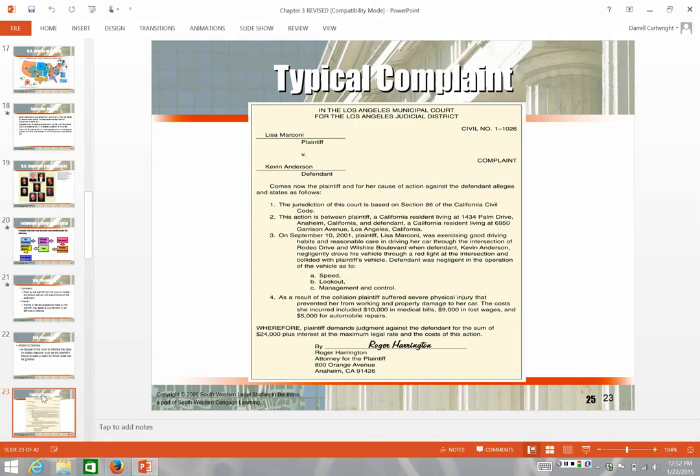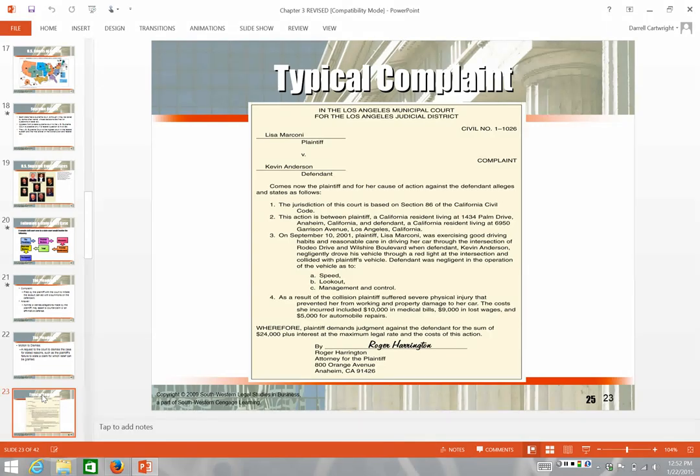There is a factual allegation or a set of allegations that are typically included, along with sometimes a statement of jurisdiction and usually several causes of action or theories of liability.